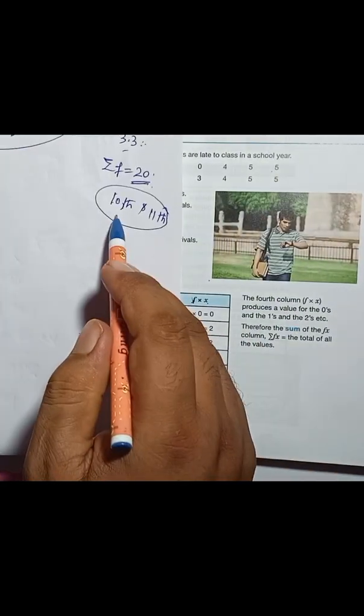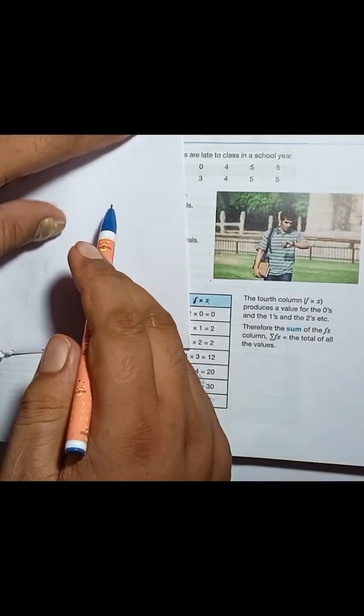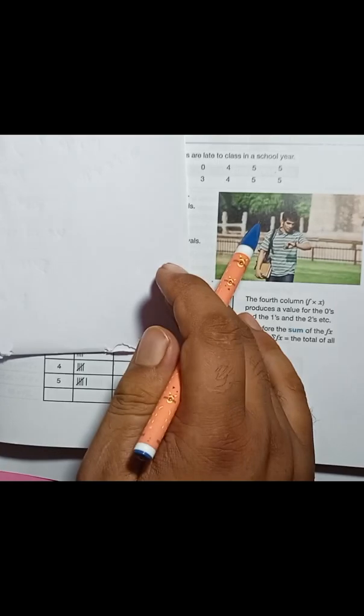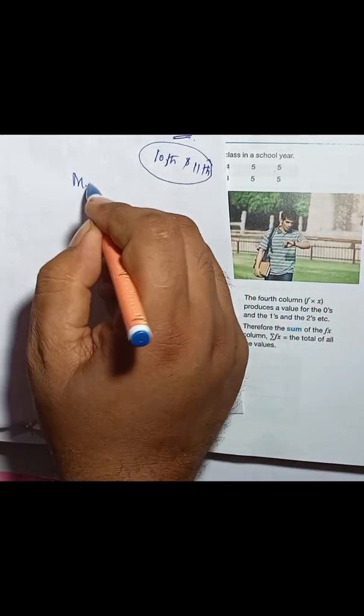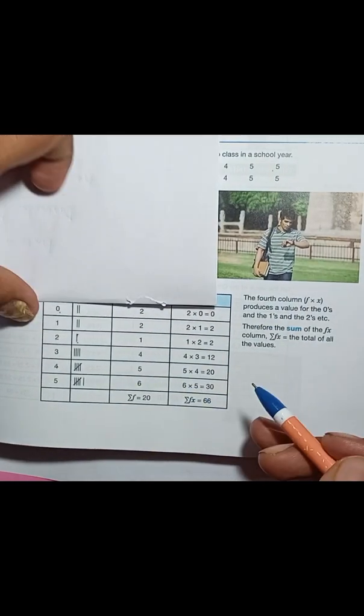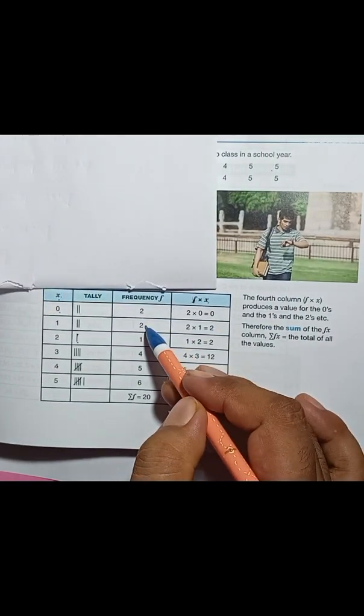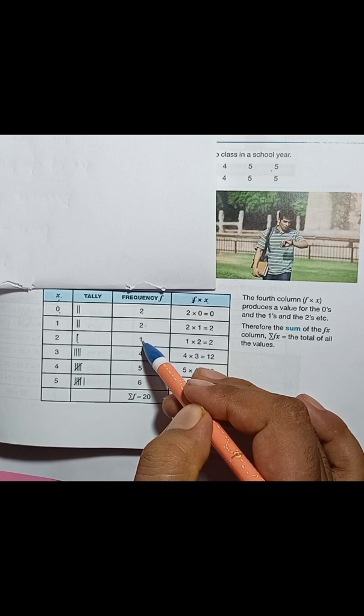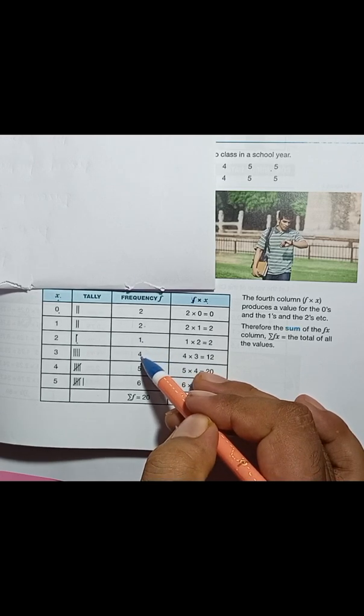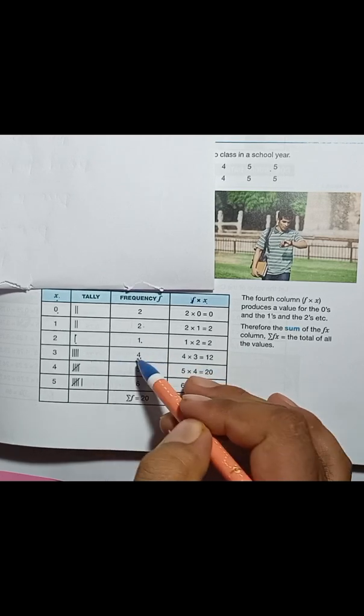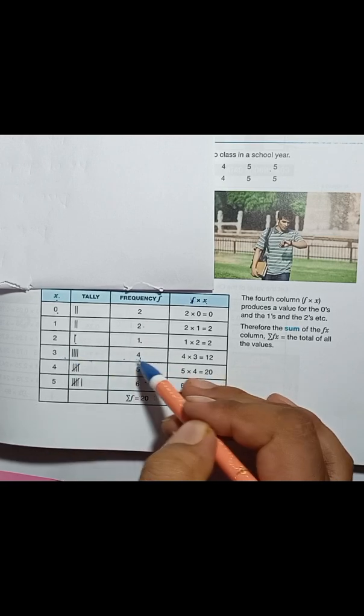Similarly here, the mean of the 10th and 11th terms will be the median. So median equals the 10th term plus the 11th term, divided by 2. If you can see, this is 2, plus 2 is 4, this is fifth, plus this is the 9th term till here. So the 9th term is 3.